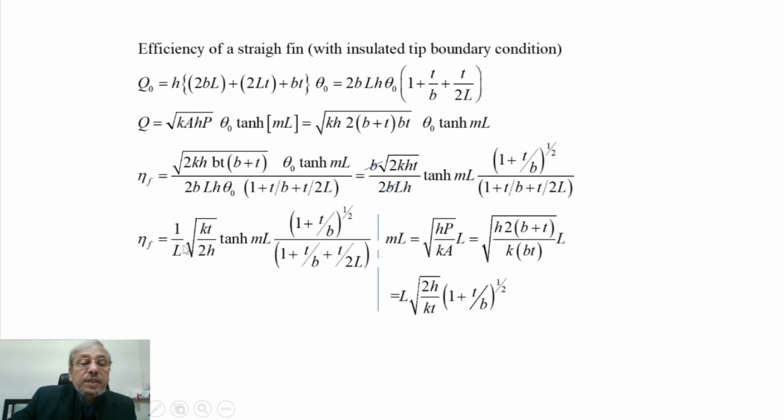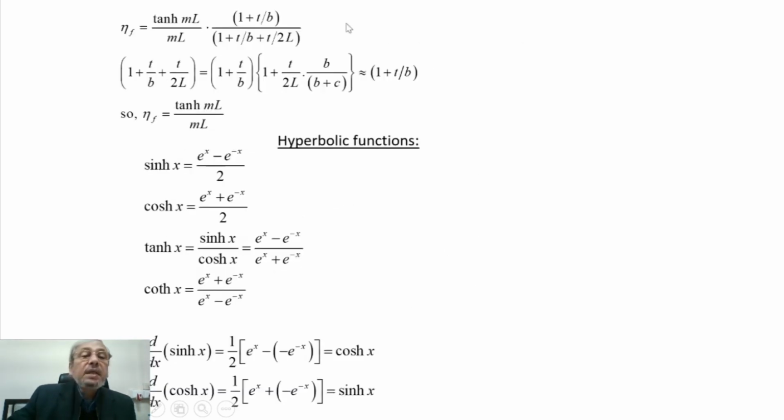So if we bring ml in the denominator, this 2h divided by root over kt will come here, and this will go here, and we'll get basically this term.